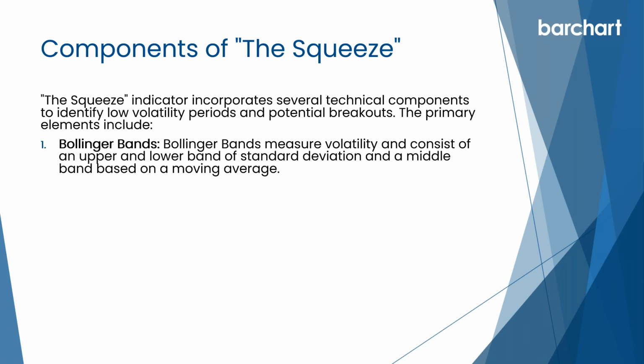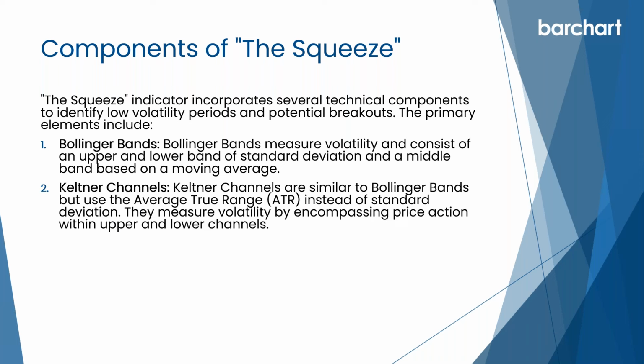And you're going to get three lines. You're going to get outer bands and then what we call a mean, or the middle band of a moving average. And so what happens is that the Bollinger Bands, the outer bands, get squeezed inside of Keltner channels, or Keltner bands.